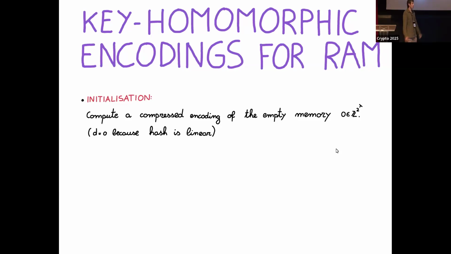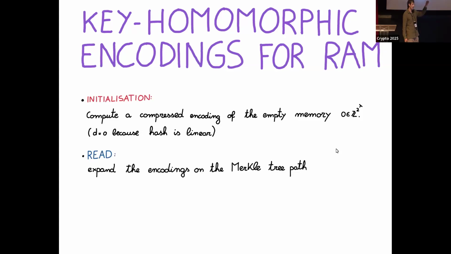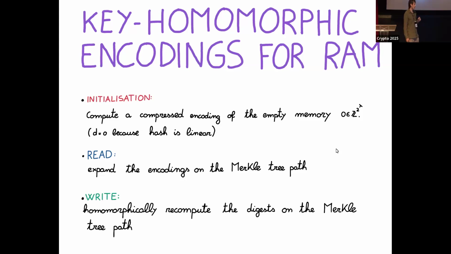At that point, we perform read and write operations. For a read operation, we just need to expand the encoding of the digest along the path towards the entry we want to read. To perform a write operation, we just need to homomorphically recompute the digest on the path from the entry we are updating to the root.